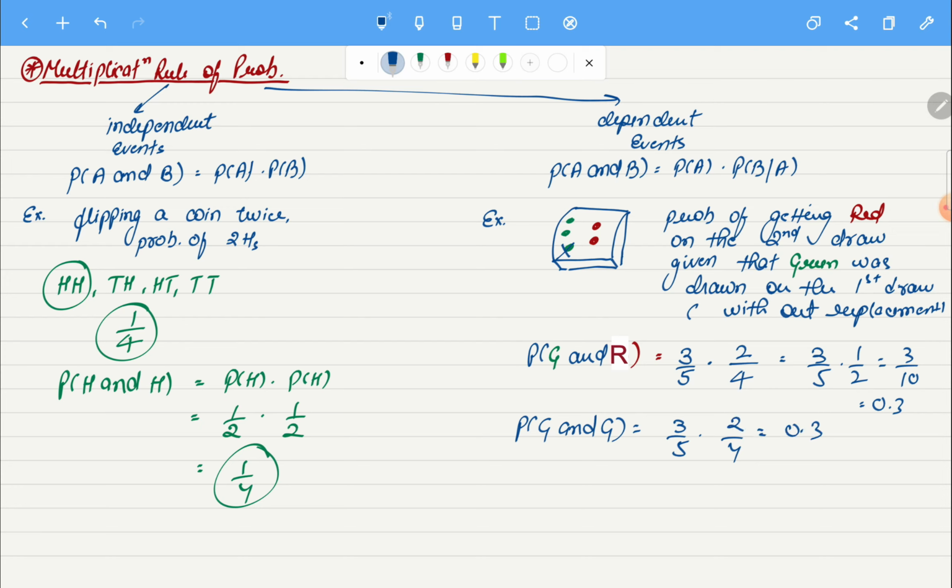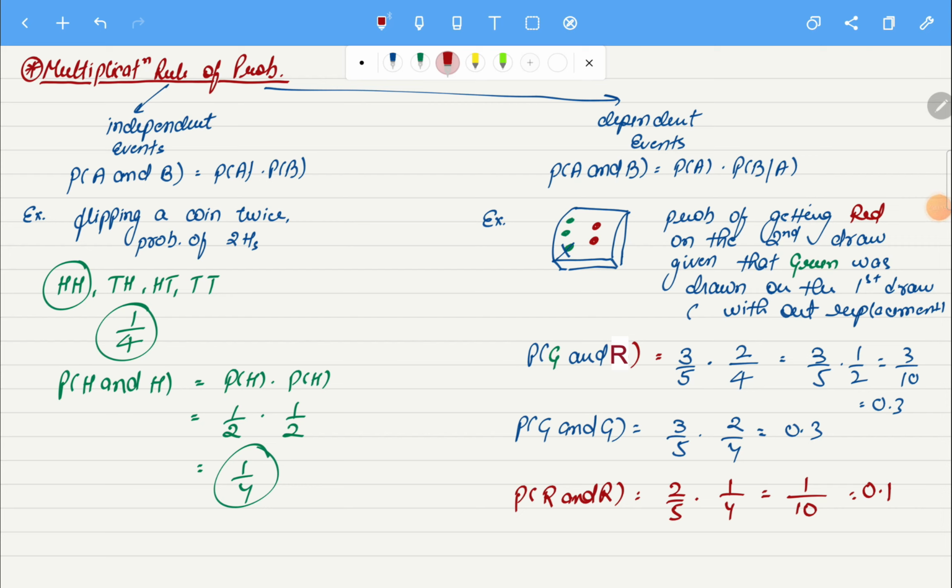We'll take one last question, which is the probability of getting red and red. In this case we find the probability of getting red on the first try, which will be 2 by 5, and on the second we will have 1 by 4. So this will be 1 divided by 10, or 0.1.